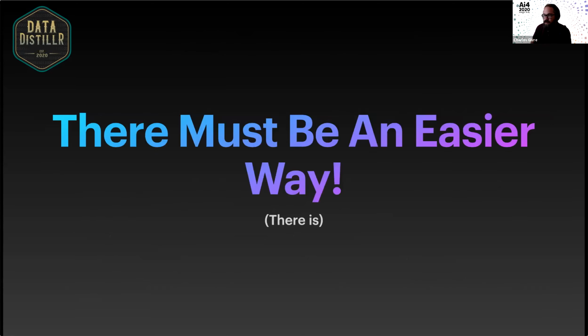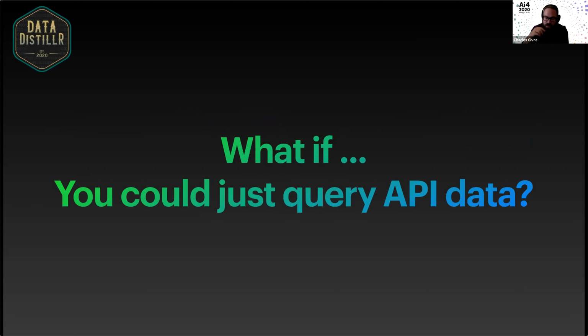Having observed this for some time, I've come to the conclusion that there absolutely has to be a better way of doing this, and hence the title of my talk, There Is. So what I'm going to do is demonstrate how you can use some open source technology called Apache Drill to just query data in an API as if it was a database table.